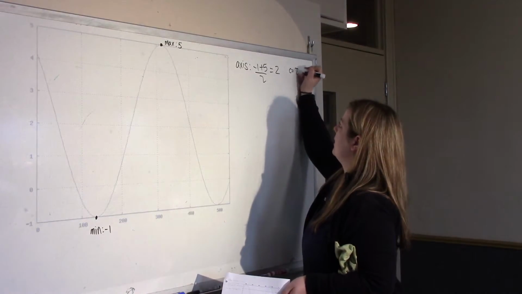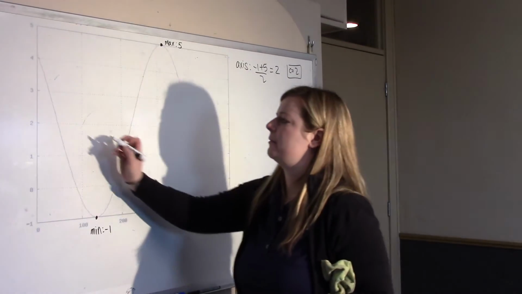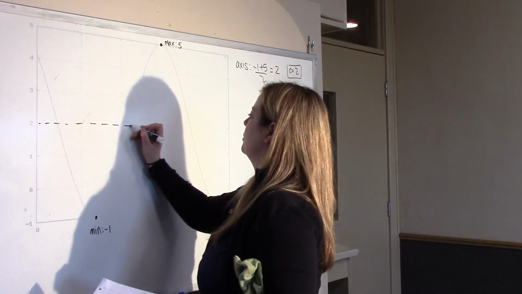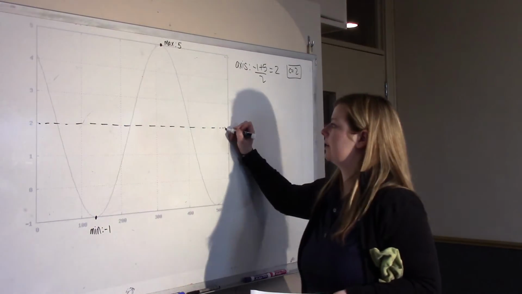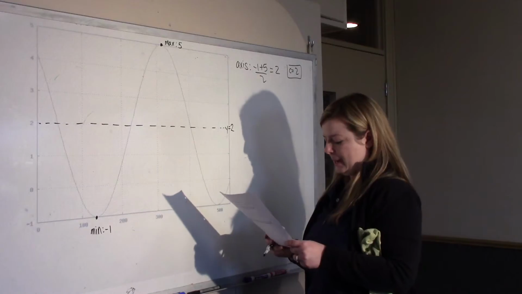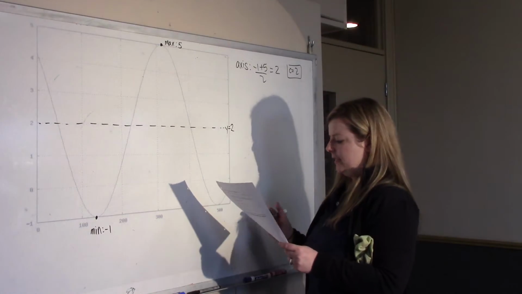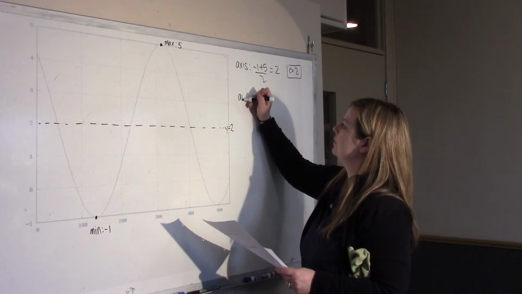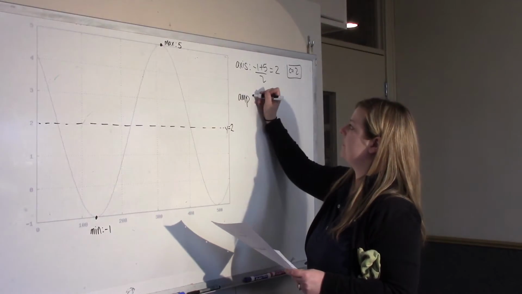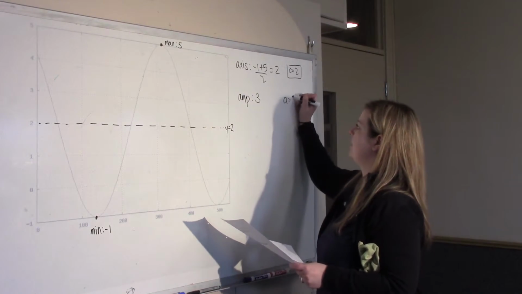So that means our C value is equal to 2, and we can draw the axis to help our visualization of what's going on. Then we can come up with the amplitude: between 2 and 5, it's 3, so our A value is equal to 3.